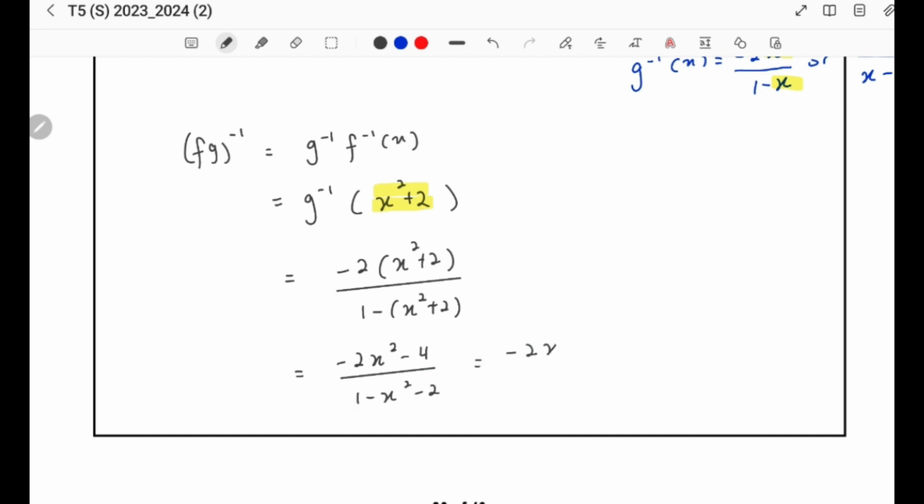Which is negative 2x squared minus 4 over negative x squared minus 1, or you might get 2x squared plus 4 over x squared plus 1.